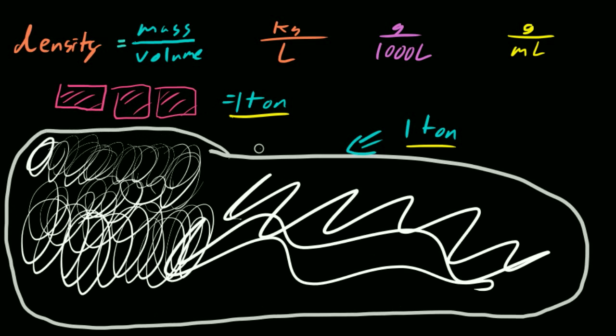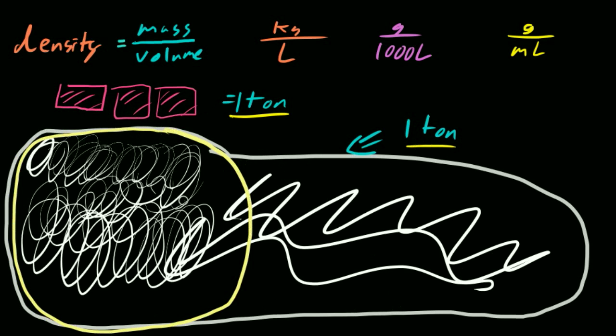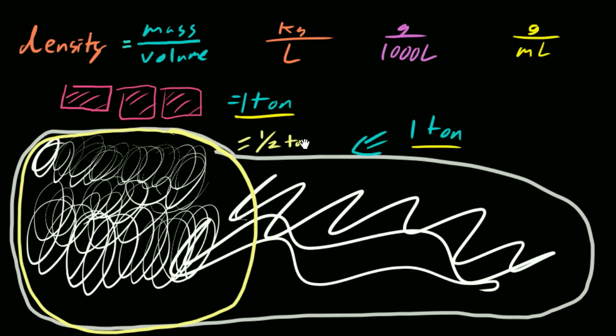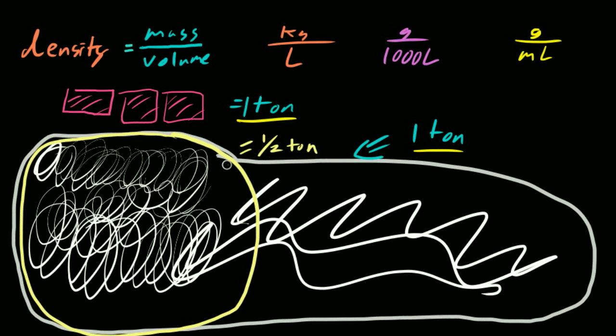So if I had half a ton of feathers, we would only have half as much. So we're taking up half as much space to have that half a ton of feathers. So volume is an extensive quantity, directly dependent on the amount of stuff that there is.